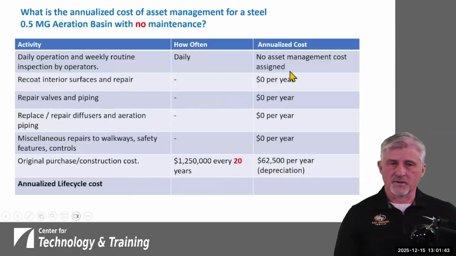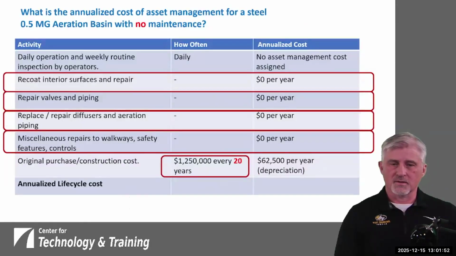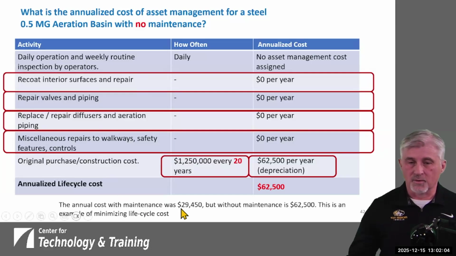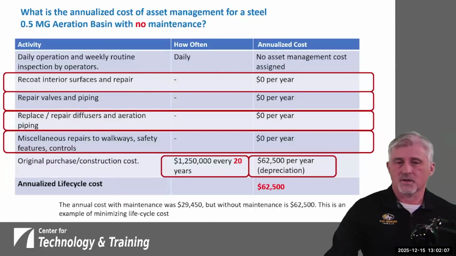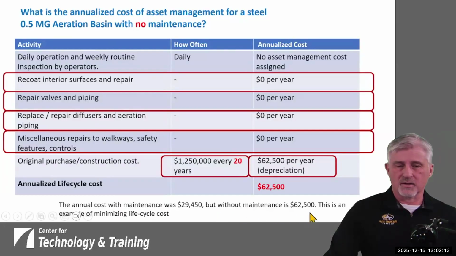So as you remember, it's not going to work as well, it could potentially cause some safety factors, and it's only going to last 20 years. So if we summarize all our annual costs like we did in the table before, they were $29,450 a year if we did that maintenance. Now it's going to cost us $62,500 per year. And so there's an example of how we can look at a life cycle cost and the importance of maintenance in minimizing that life cycle cost.